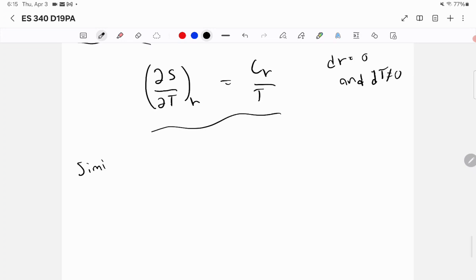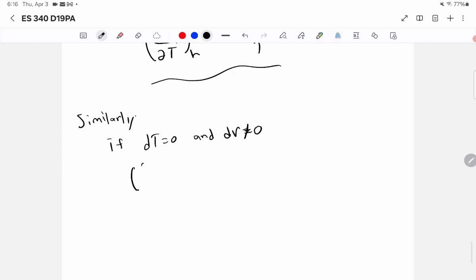Similarly, if dT is equal to 0 and dv is not, then we can get an equation that looks something like this.